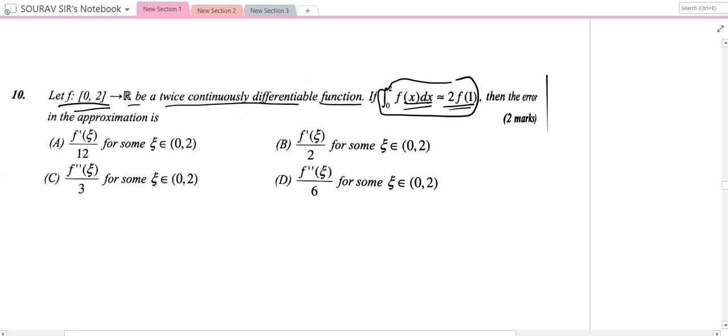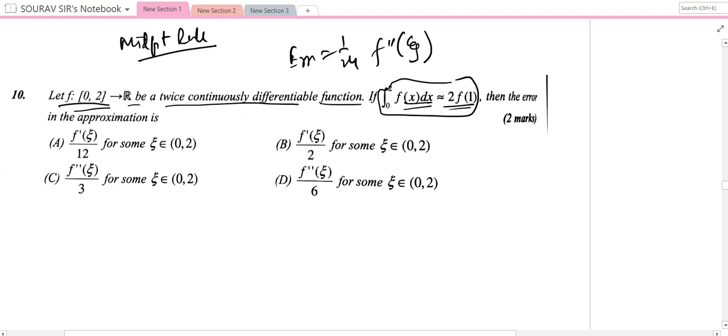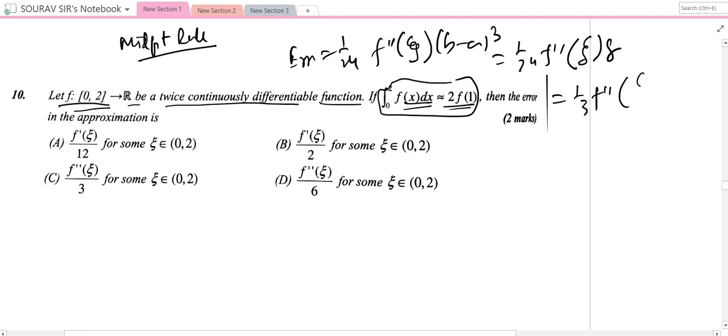By the midpoint rule of numerical integration, the error equals 1 by 24 phi double dash xi times b minus a whole cube. So b equal to 2, a equal to 0, so this is 2 minus 0 whole cube, which is 8. So 1 by 24 phi double dash xi of 8 gives 1 by 3 phi double dash xi. So C is the answer.